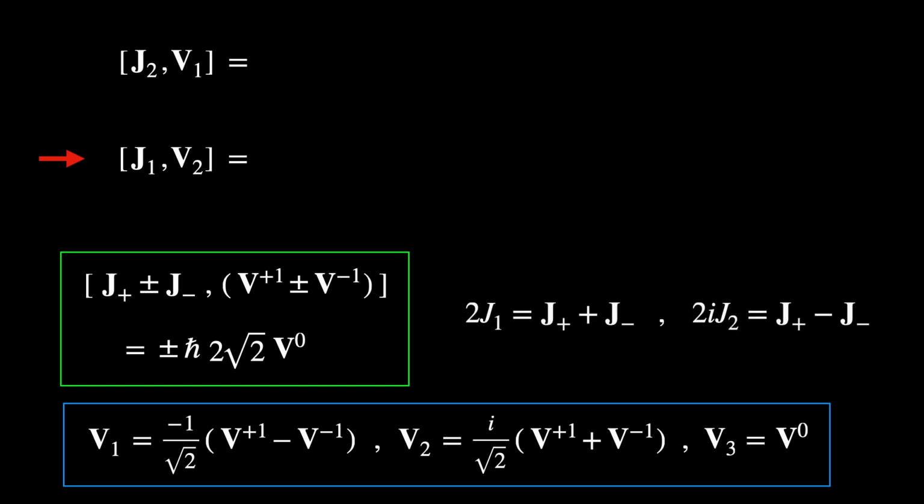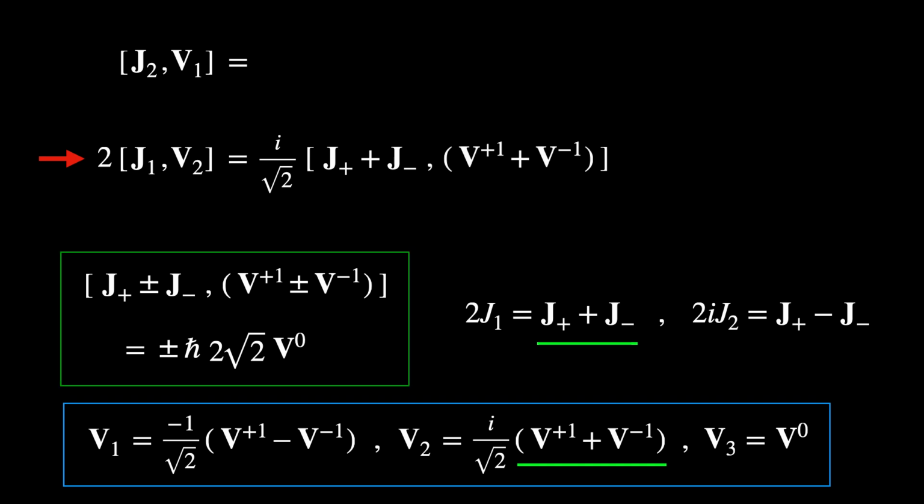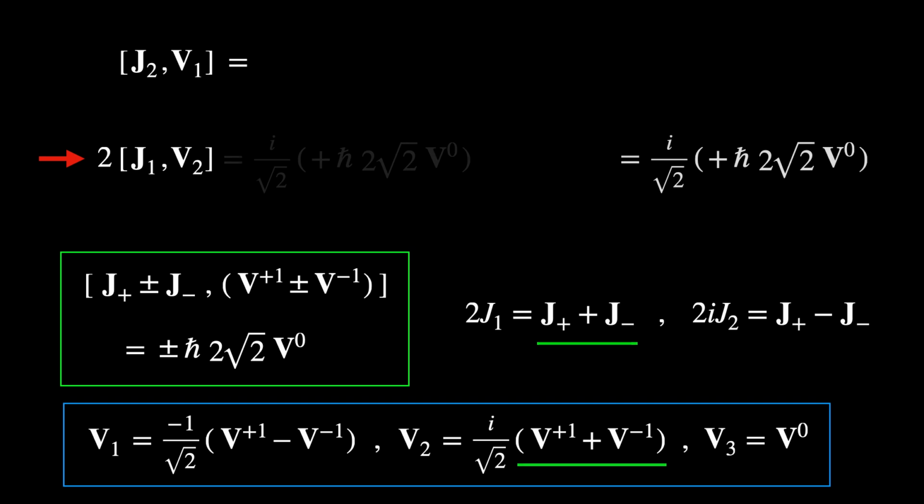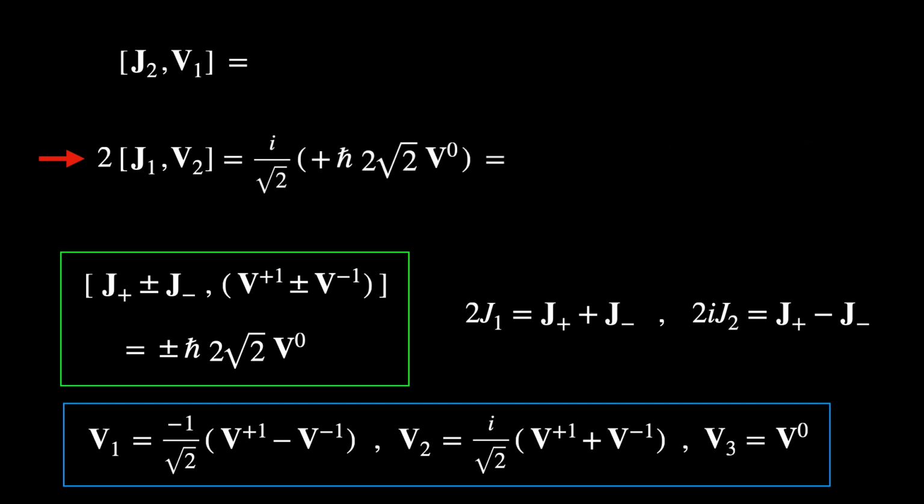Multiply by 2 so as to express J1 in terms of J plus minus. Then using the solution for V2 and applying the green box, now for this commutator, and applying the result in the green box.